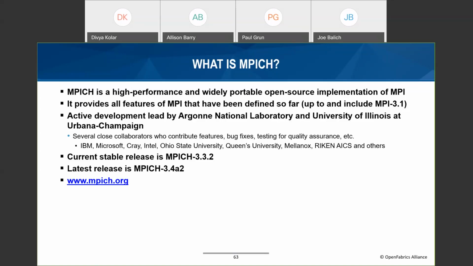The latest version is 3.3.2, but what we're currently working on is the 3.4 series, which is supposed to come out this summer. If you're interested, this is our website where you can find more information about the library. Next, please.